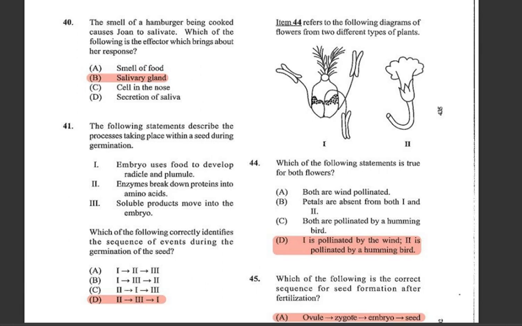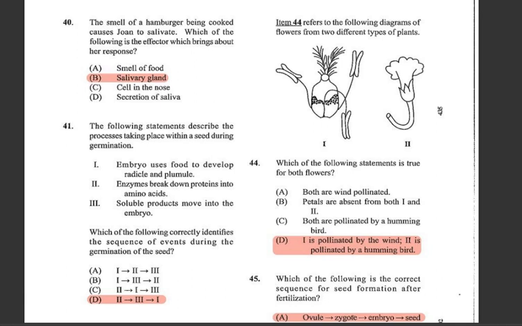Number 2 here, the enzymes break down protein into amino acids. That's correct. And 3, the soluble products move into the embryo. That's correct. And the embryo uses food to develop the radicle and the plumule. So the answer would be D.